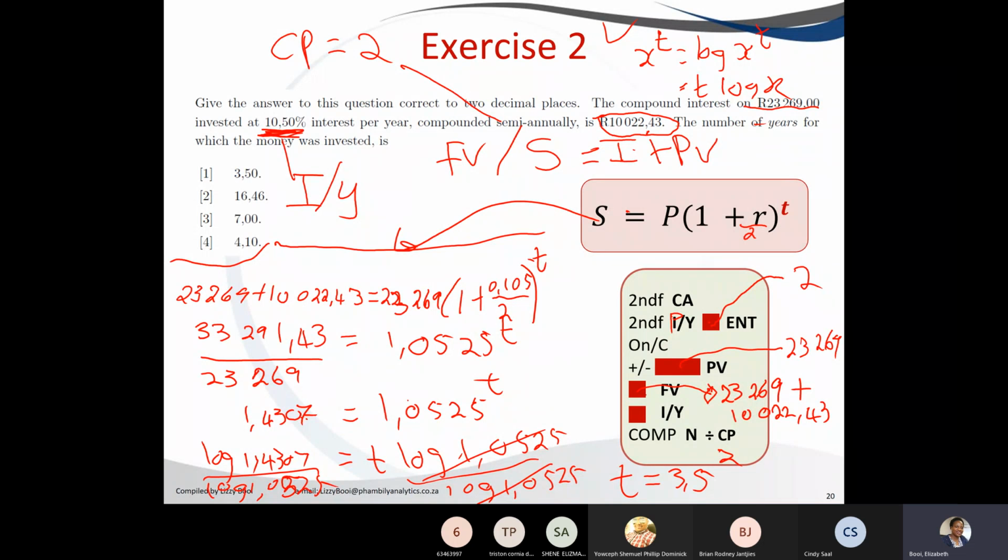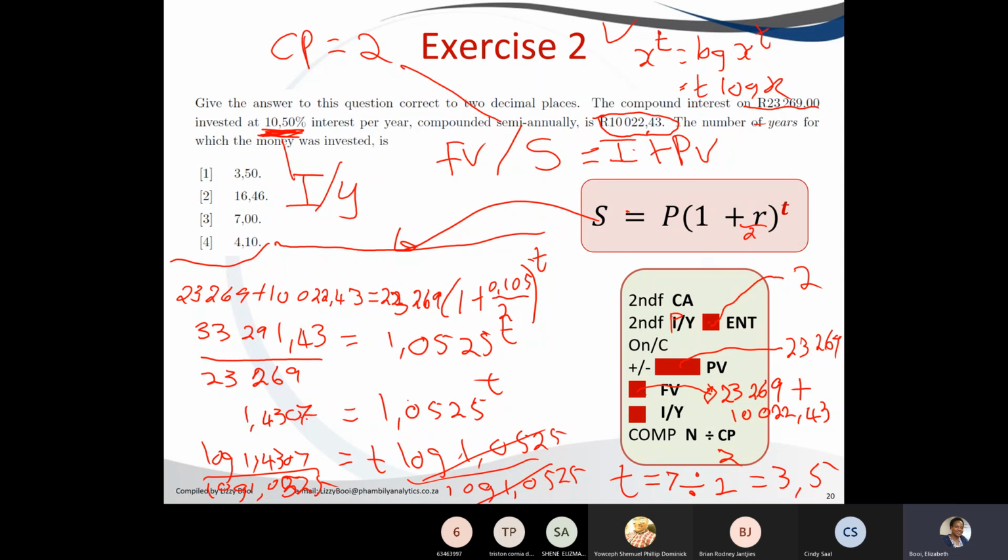So it's not 3.5, it equals 6.9, which is 7. Sorry, that is why I'm so confused right now. It's 6.9997. And what you do is just divide that by 2, and that will give you 3.5.